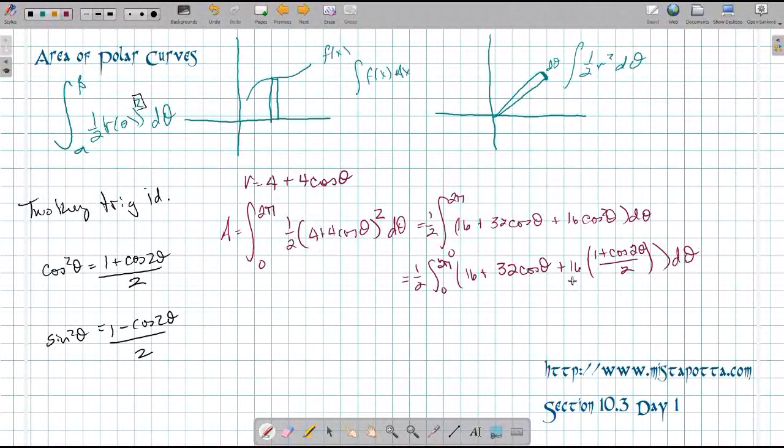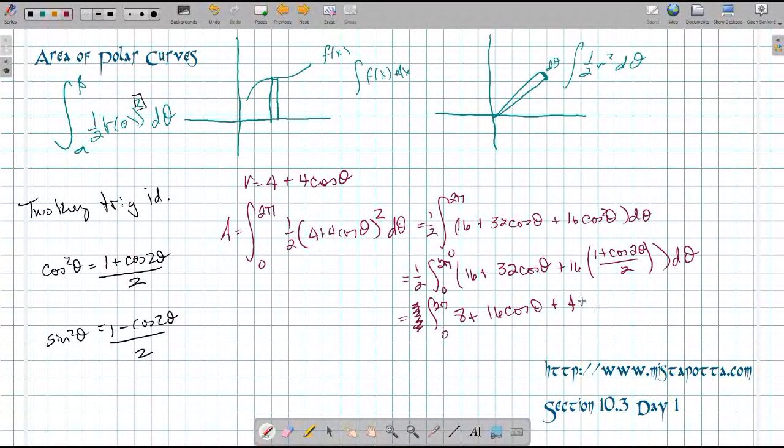So now when I try and simplify this, trying to eliminate some of these terms, I'm going to have 1/2. Let's get rid of that 1/2. Let's distribute it. So I'm going to have 8 plus 16 cosine theta plus, 16 and a half here is 8, and the half that I'm distributing is 4 times this quantity.